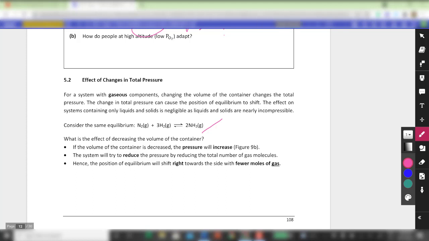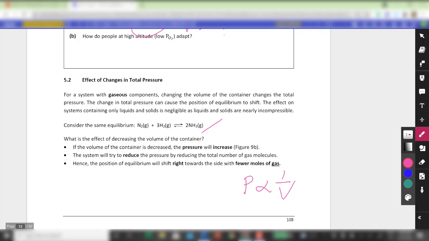When you decrease the volume, because volume has an inverse relationship with pressure, the pressure will go up. And then when the pressure goes up, the system needs to react to this sudden increase in pressure, so it needs to reduce the total number of moles of gaseous molecules.